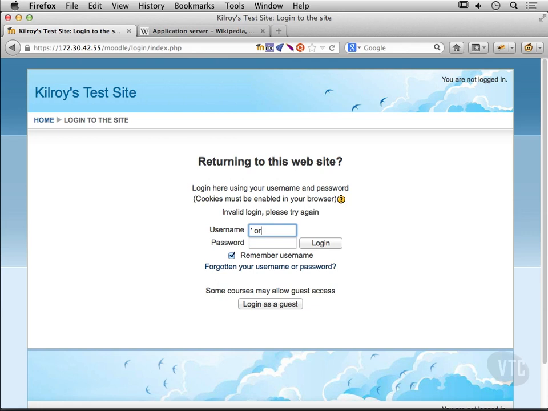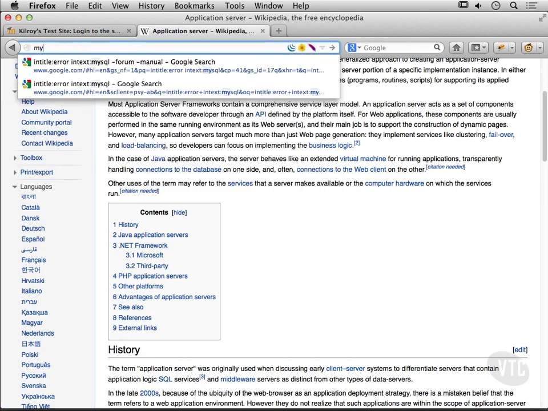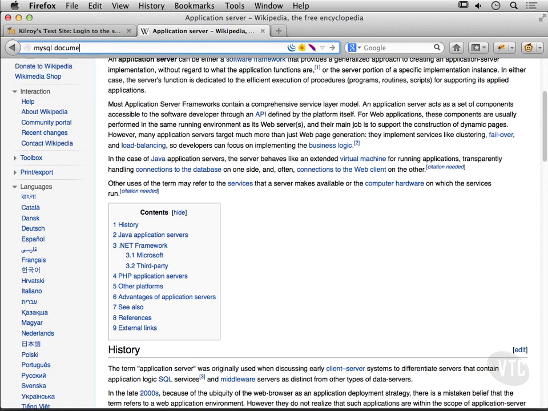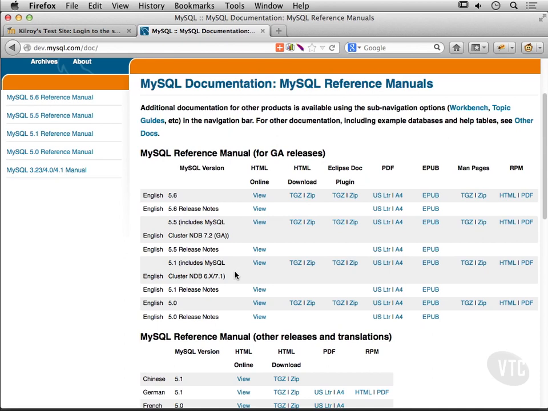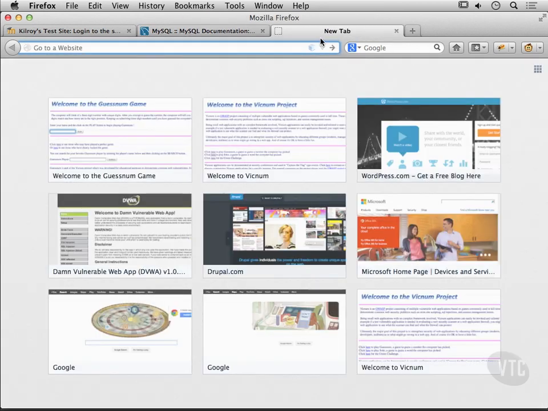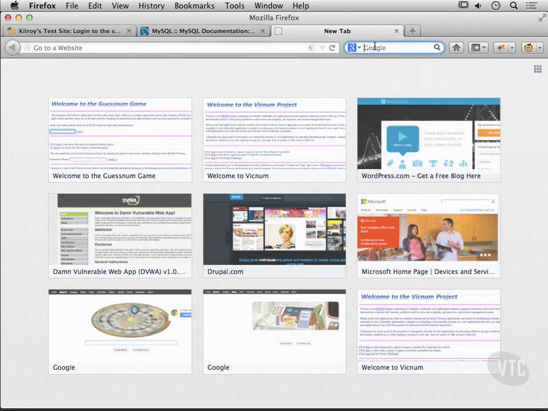Now, you need to understand SQL a little bit, and you could do something like going to the MySQL documentation and understanding what queries actually look like and how you would interact with them. You may need something like a SQL injection cheat sheet just to give you some pointers on where to actually start your playing.